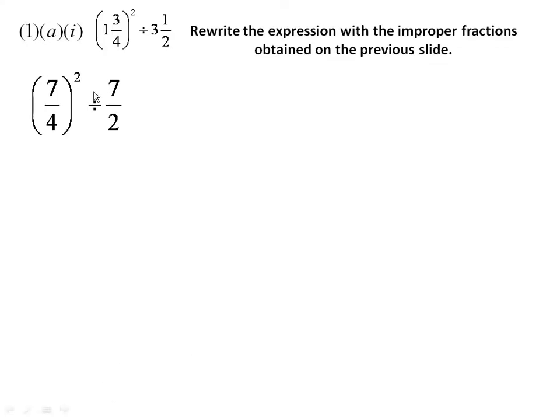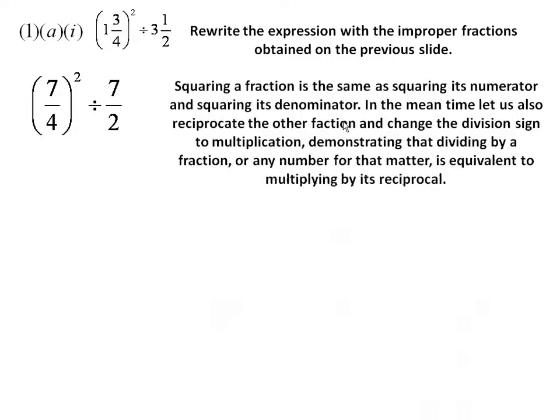So we have converted 1 3/4 to 7/4, and we have also converted 3½ to 7/2. Squaring a fraction is the same as squaring its numerator and squaring its denominator. So whereas we have 7/4 squared, to achieve the squaring of the fraction, we need to square the 7 and square the 4.